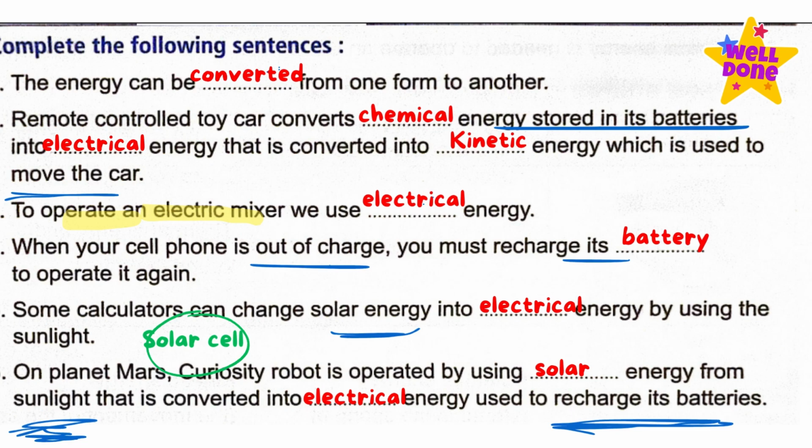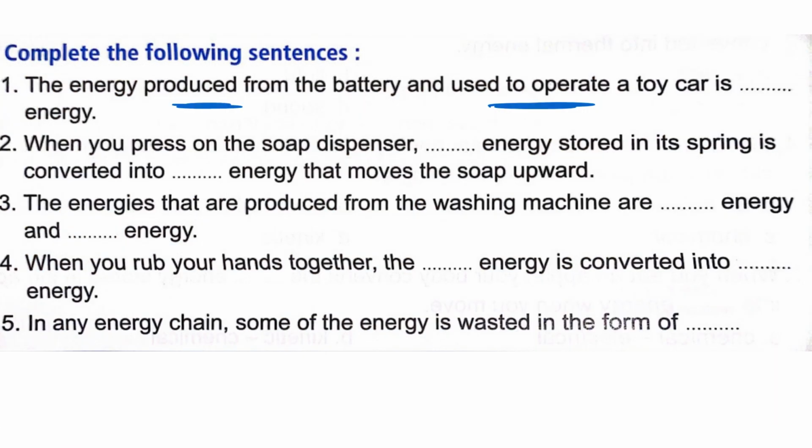We will go to another page, also about completing the following sentences. Okay, the energy produced from the battery and used to operate a toy car is which energy? I want you to read the question carefully, because here the question asks you about the produced energy from the battery that is used to operate a toy car.